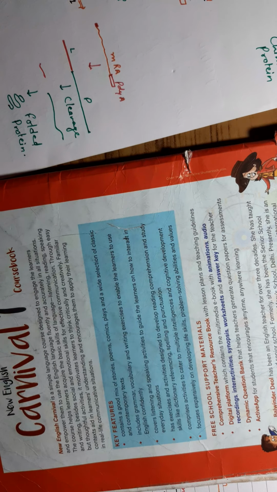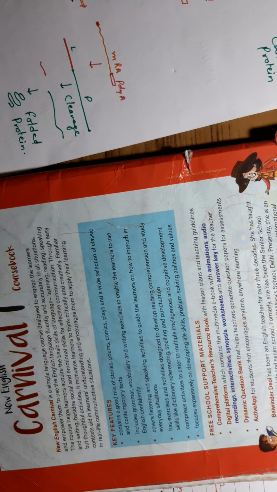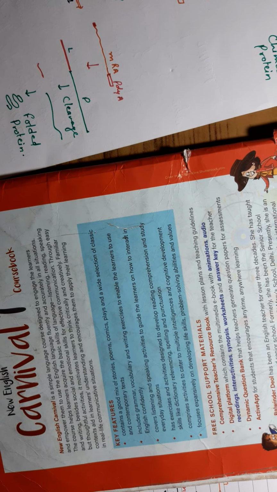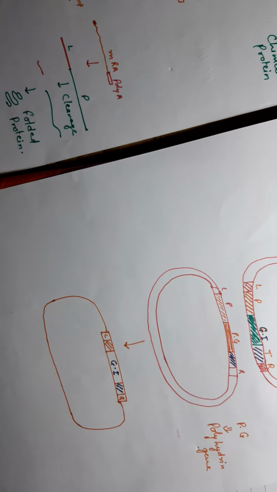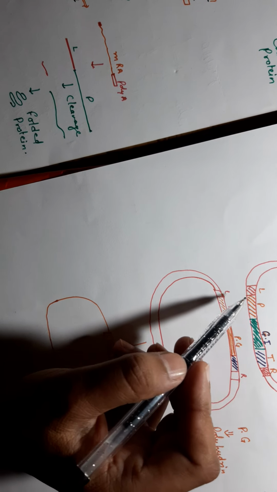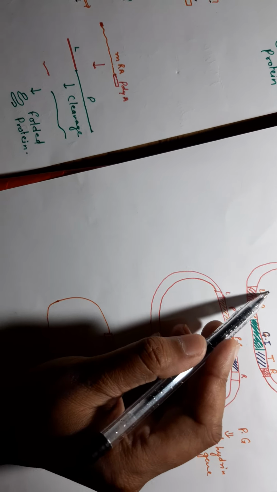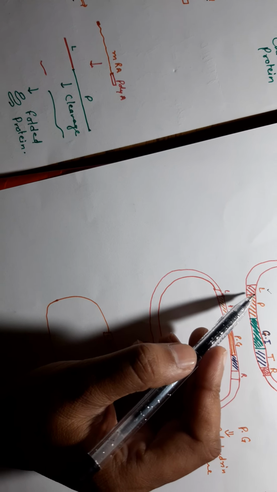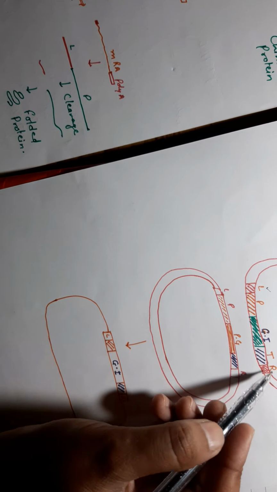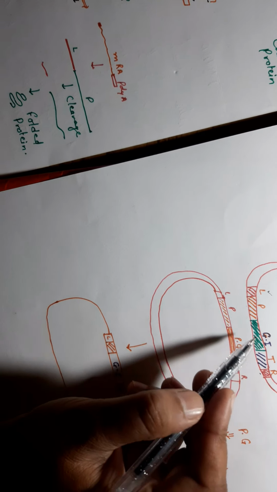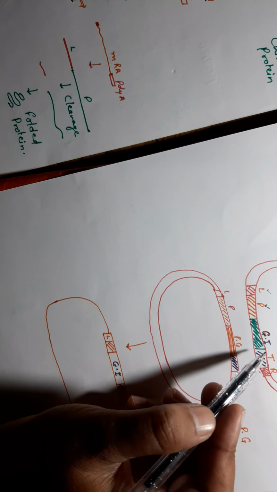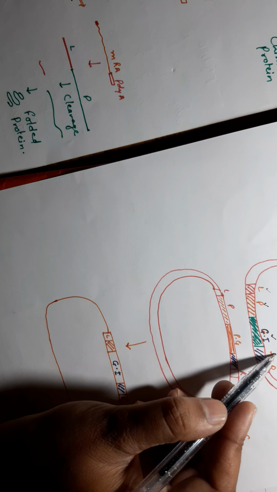Another method of producing functional protein is through a baculovirus expression vector. The baculovirus expression vector must have circular DNA which has a left border and right border sequence, which are denoted as L and R. Then we must have a promoter, then the gene of interest, and a terminator.